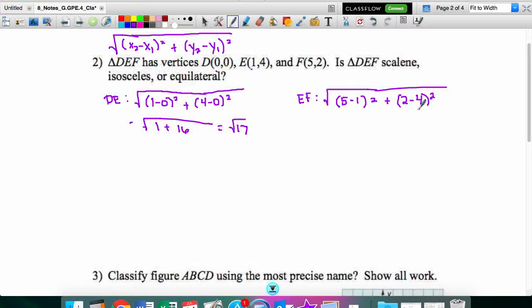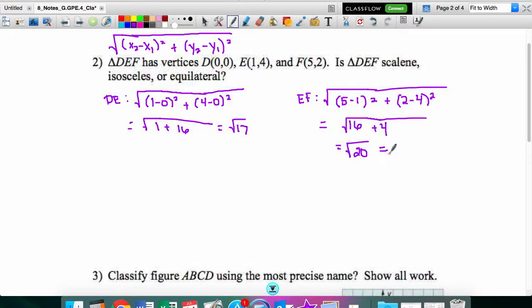It will make it positive regardless of which direction or which point you put first. So 5 minus 1 gives us 4. 4 squared is 16 underneath that square root. 2 minus 4 is negative 2. Negative 2 squared is going to give me positive 4, giving us the square root of 20.